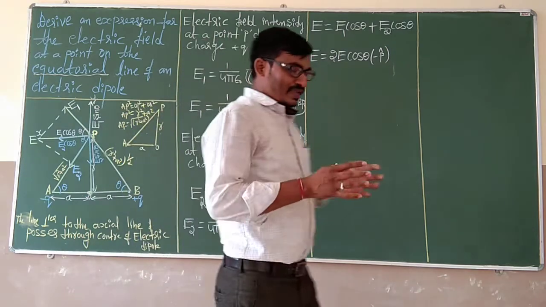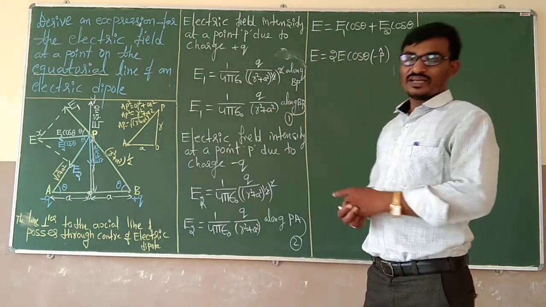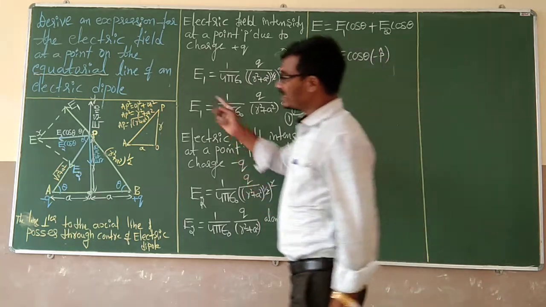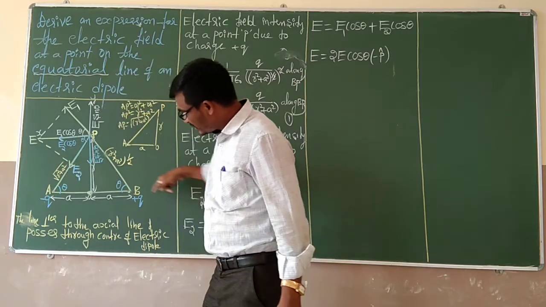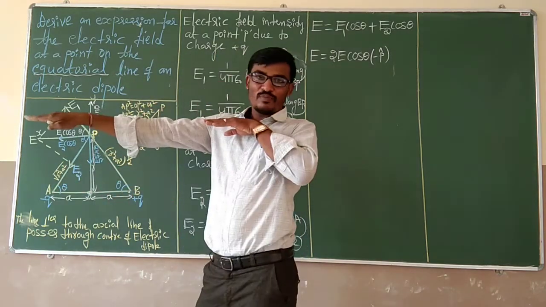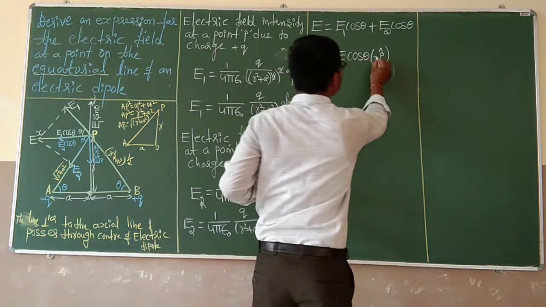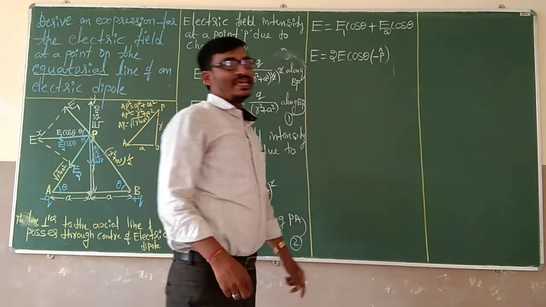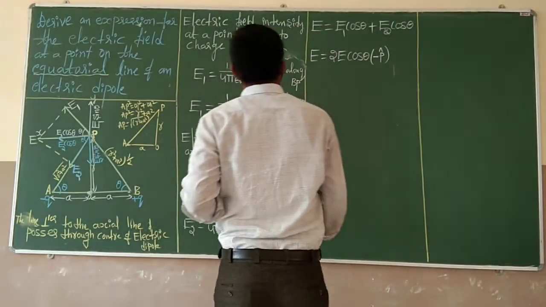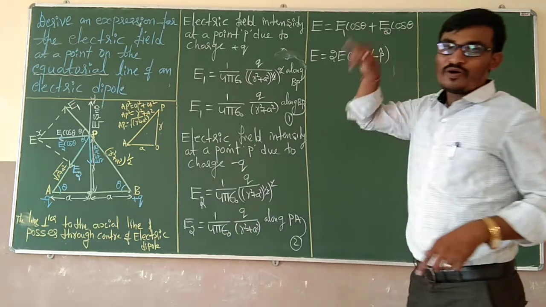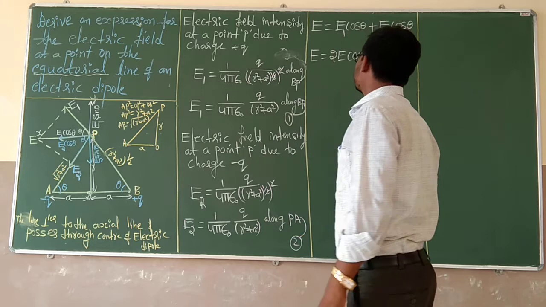For an electric dipole, its direction is always from the negative charge to the positive charge. But here the resultant electric field is along PX, but the dipole axis is along AB. Both are in opposite directions. Therefore, I have chosen here minus p cap, where p cap represents the unit vector direction opposite to the dipole axis. That is why you consider this as minus p cap.